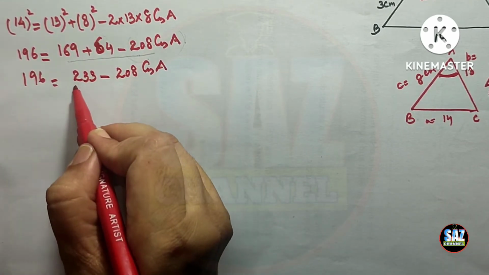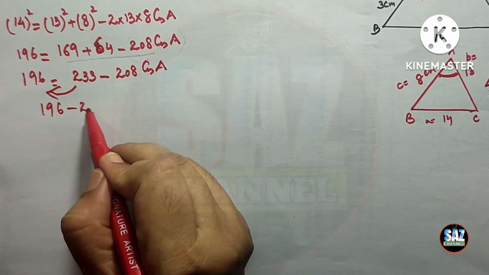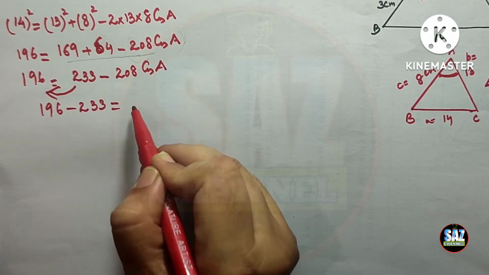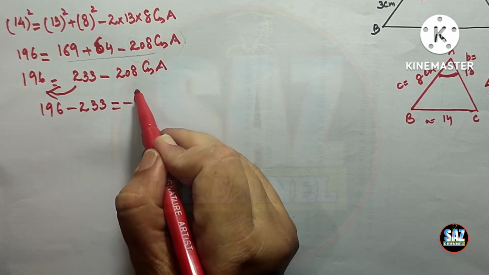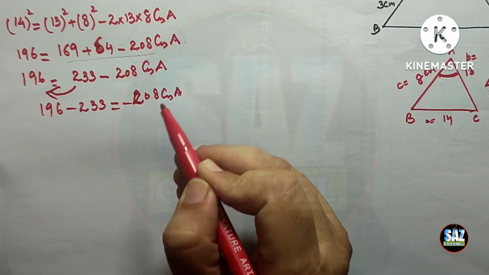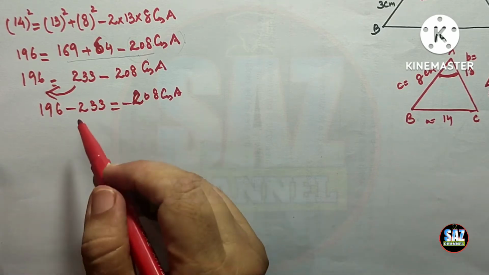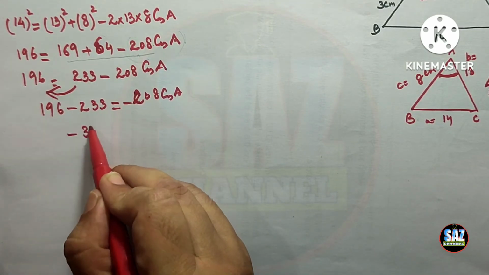196 equals 233 minus 208 cos A. Now I have to shift it to the other side. 196 minus 233 equals minus 208 cos of angle A. 196 minus 233 gives me 37 with negative sign.